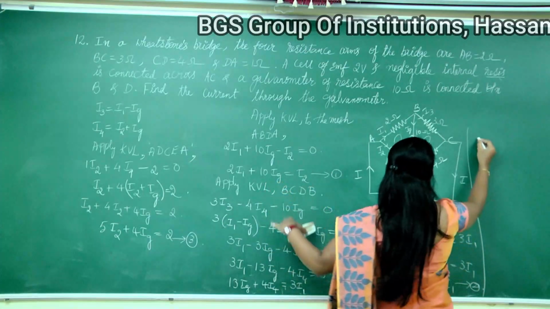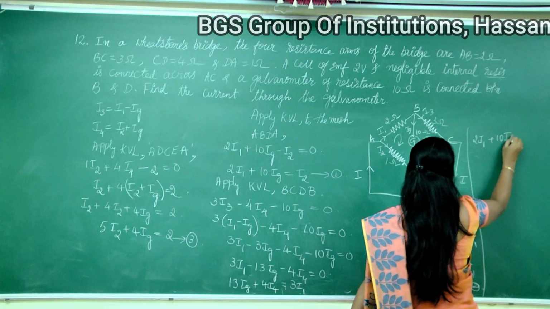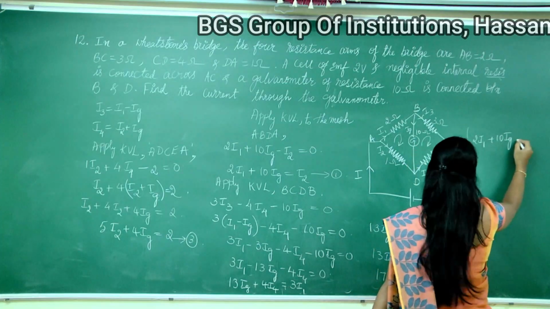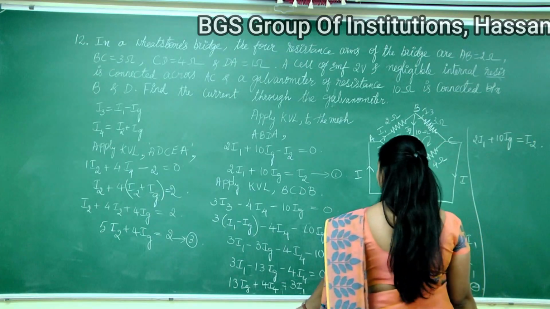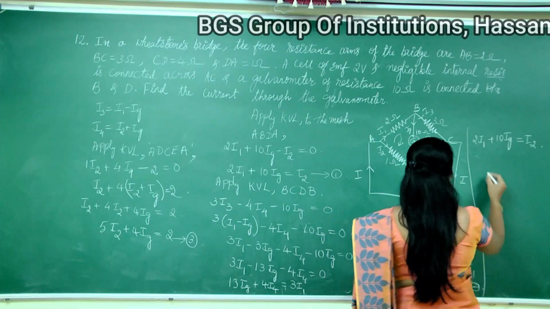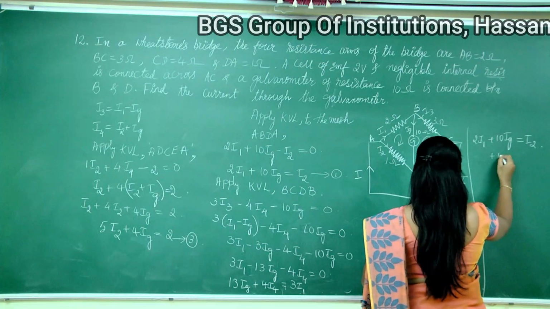So equation 1, let me write here 2i1 plus 10ig is equal to i2. Next, ig.